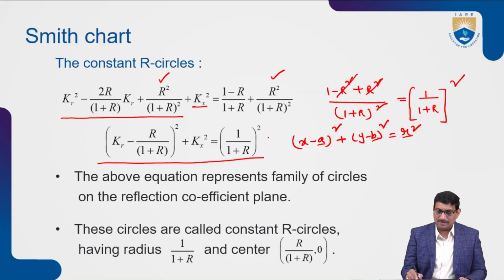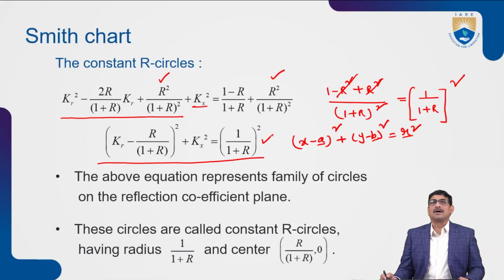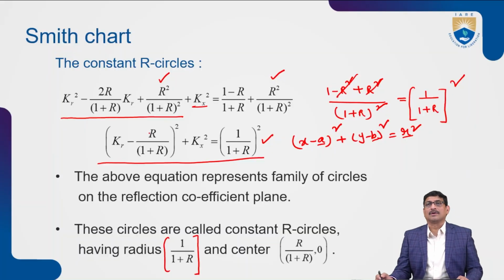Therefore, this equation represents the family of circles on the reflection coefficient plane, with radius 1 divided by (1 + r) and center at (r/(1 + r), 0).